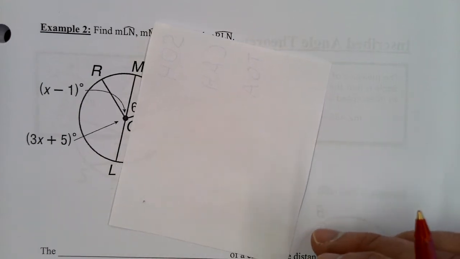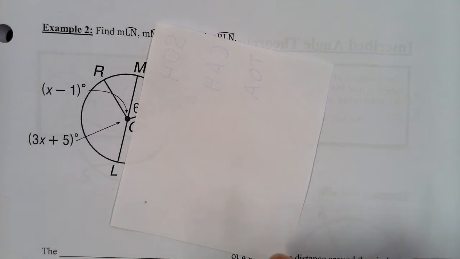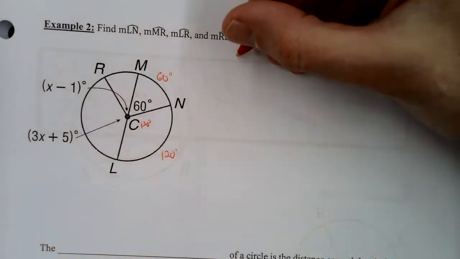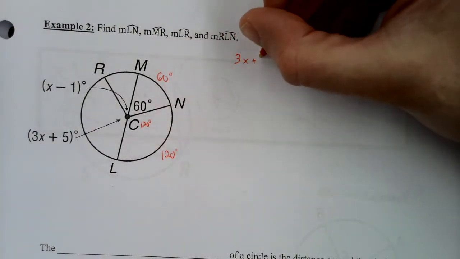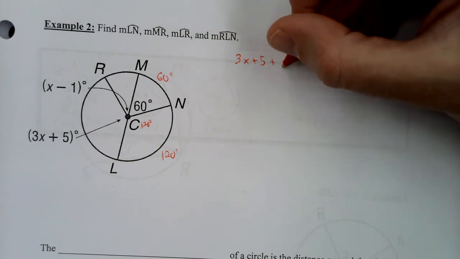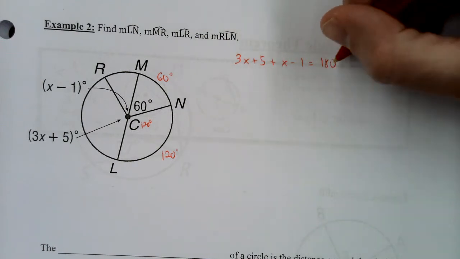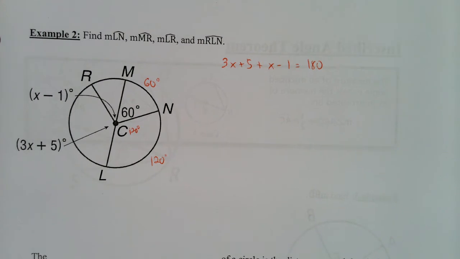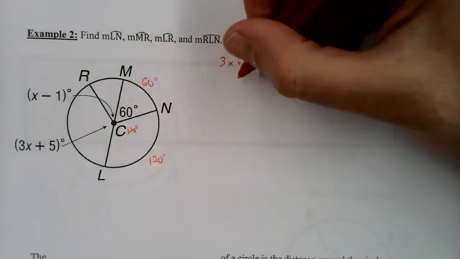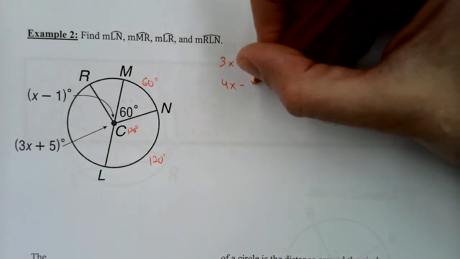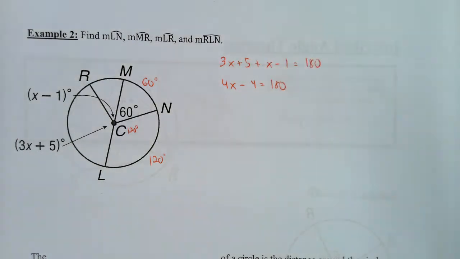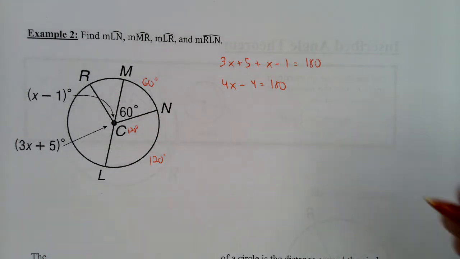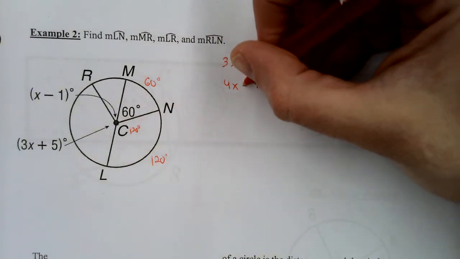So 3x plus 5 plus x minus 1 equals 180. 4x minus 4 equals 180. Actually, it should be plus 4. 4x plus 4.